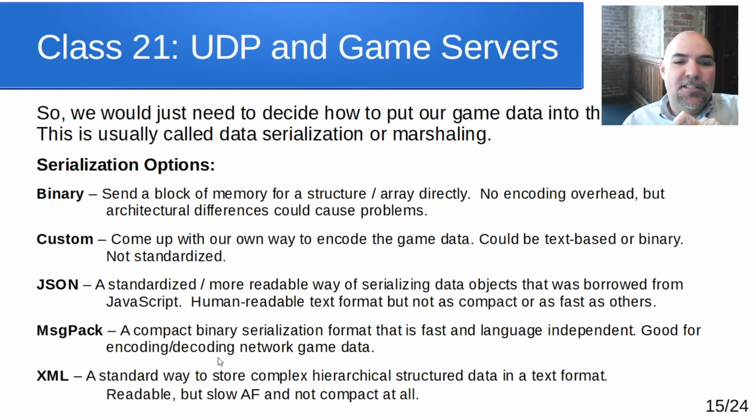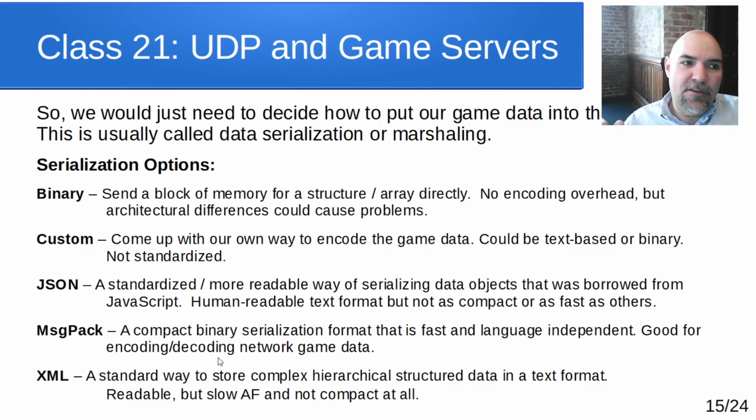So binary tends to have that issue. If your server and client are always on the same architecture, for example, a 64-bit x86 architecture, or x64, then everything would work fine.